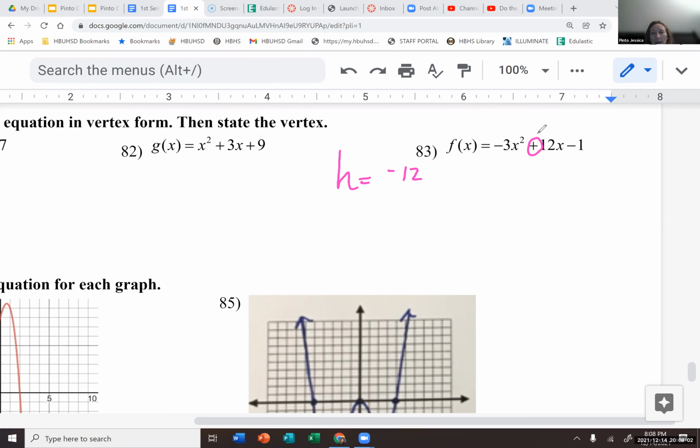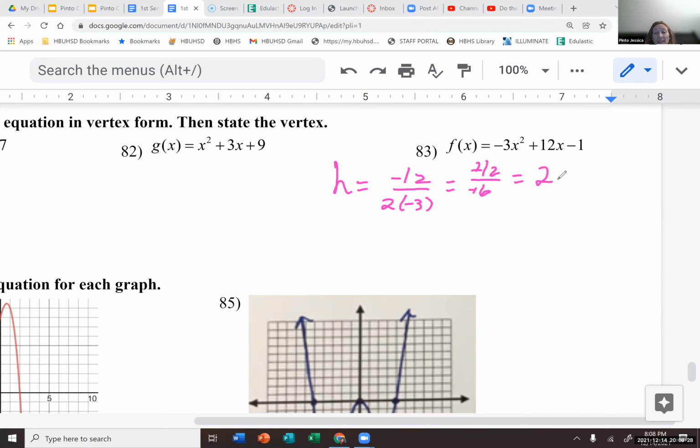So if this had been a negative 12, then it would be positive 12. We have to switch the sign on whatever b is. So starting over, I've got h is equal to negative 12 over 2 times negative 3, which is negative 12 over negative 6. And that's going to be a positive 12 divided by 6, 2.